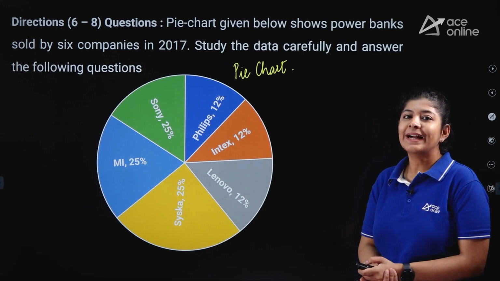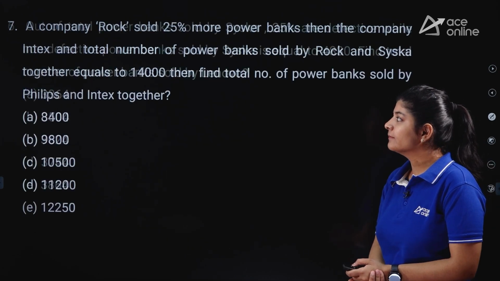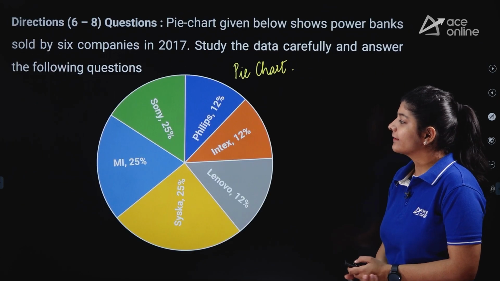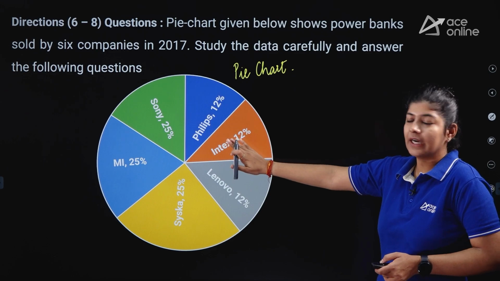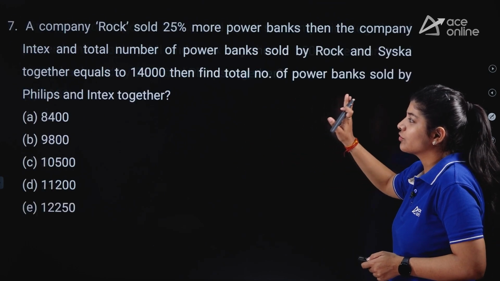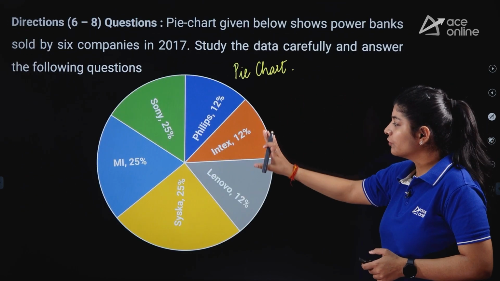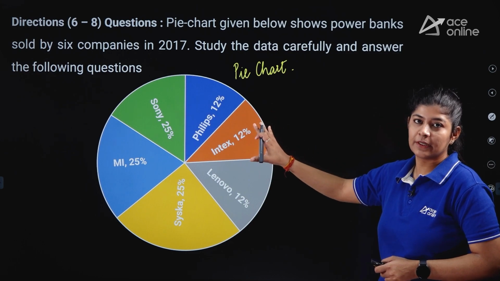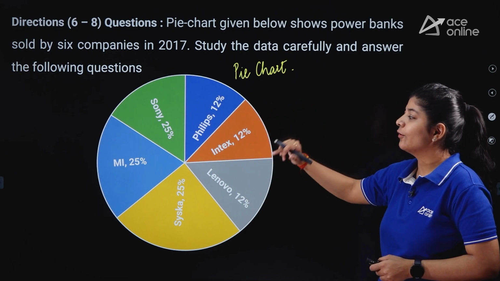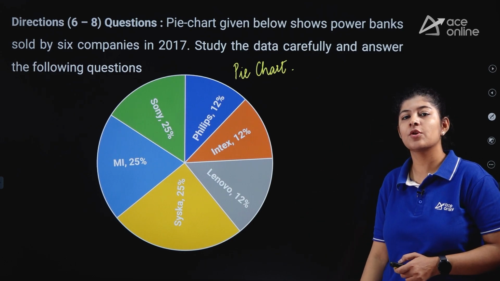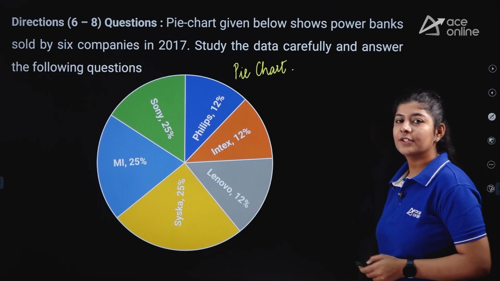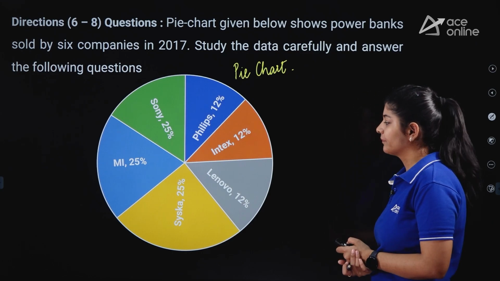Because of the arrangement, we do not have this particular chart with all the questions, so you have to roughly draw this diagram, or simply write all the respective values, so that you can easily solve the questions based on this pie chart.